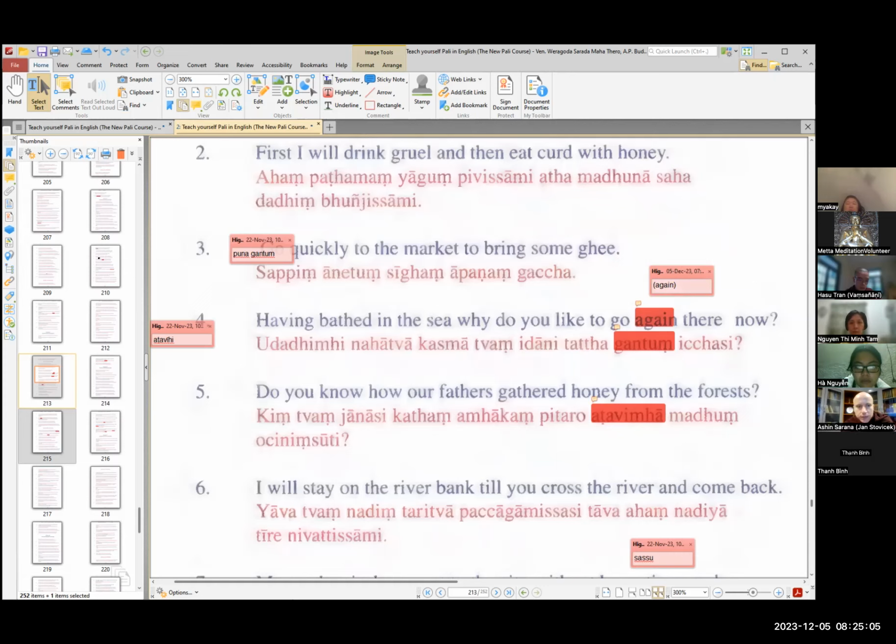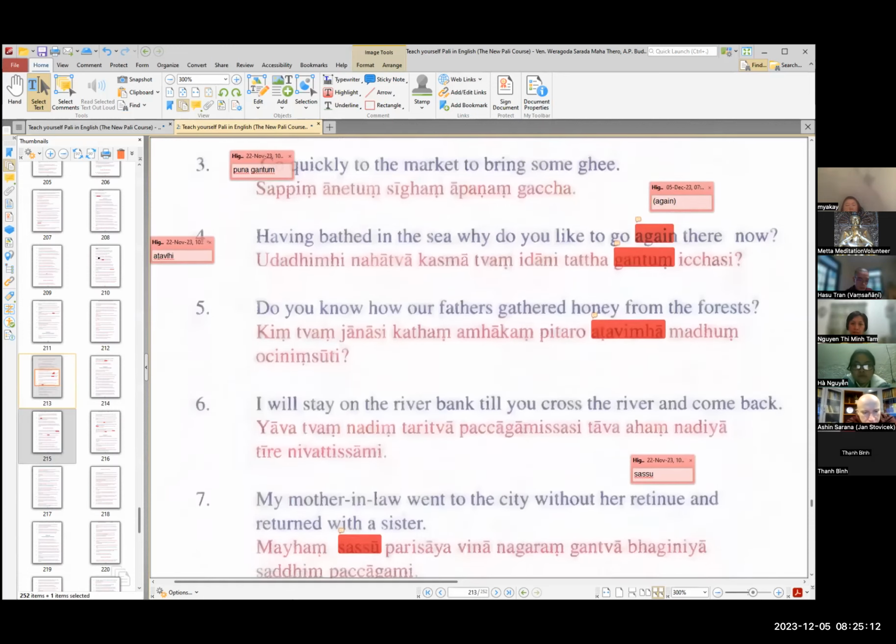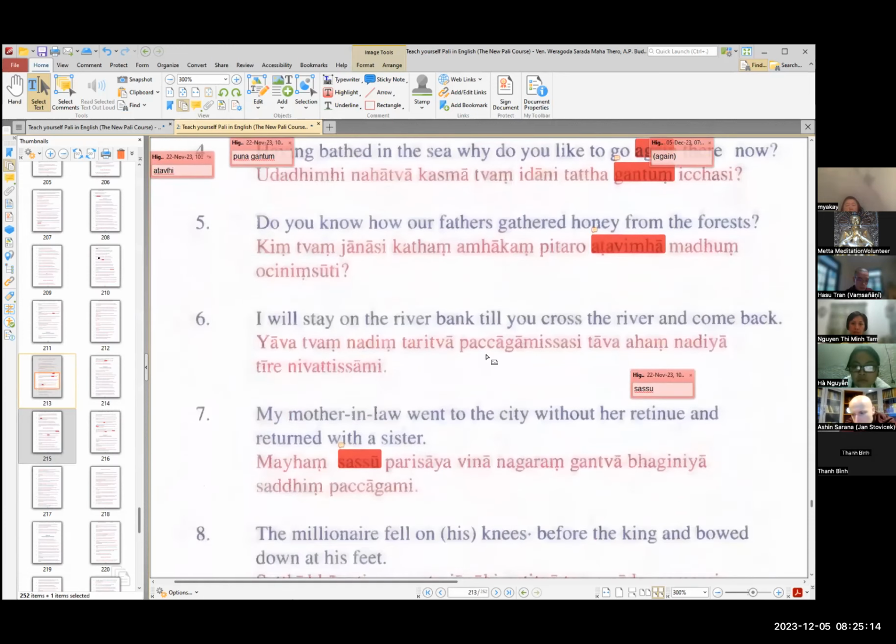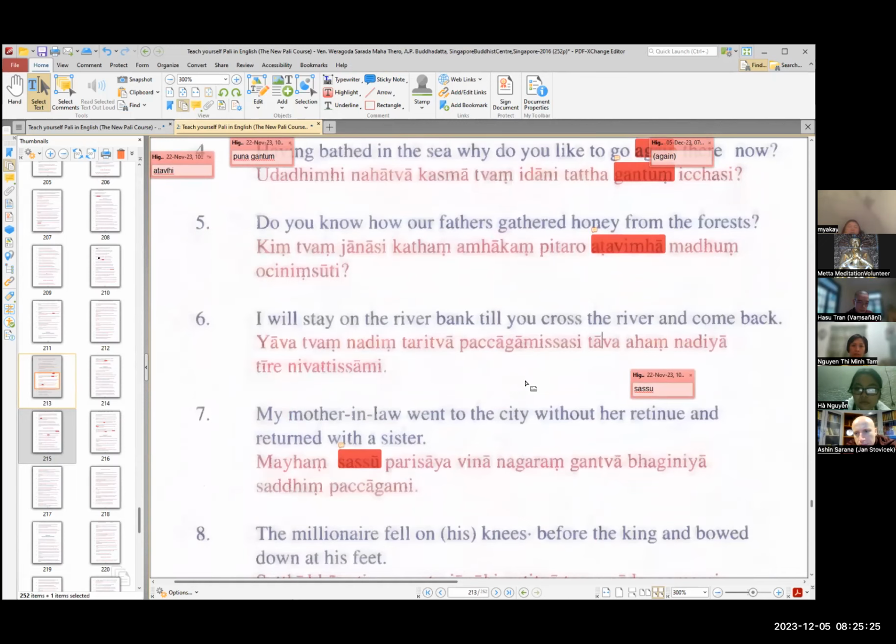Yes, and I see in the question number 6. So the word until, we always have to use the two words in Pali, yava at the beginning and tava in the middle. That's right, they come together. Oh, I see. You cannot use yava without tava.